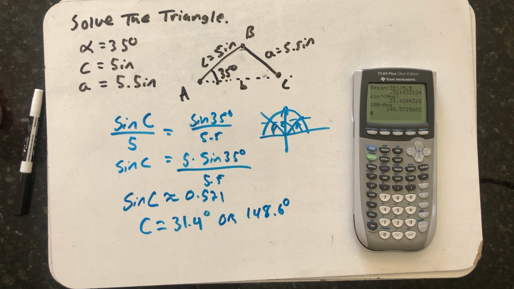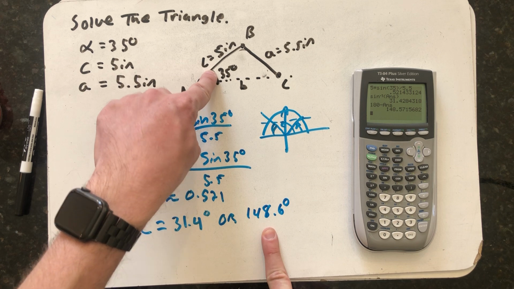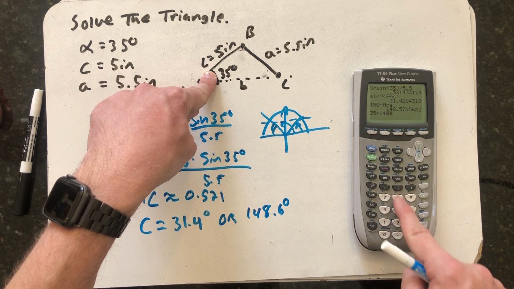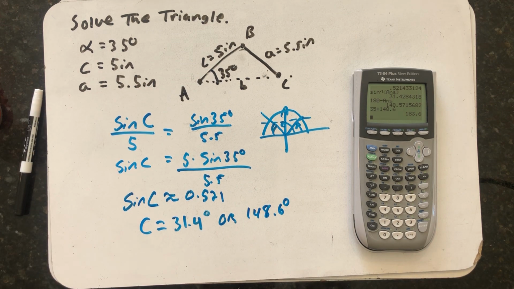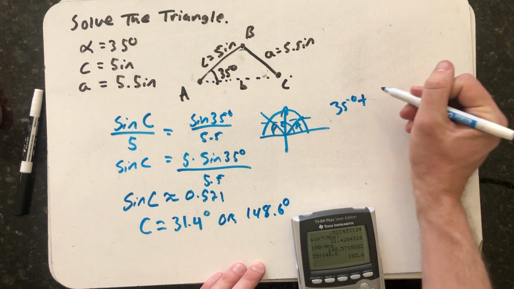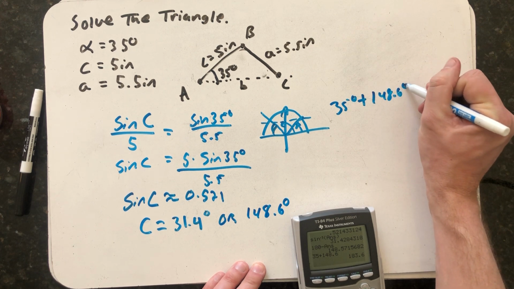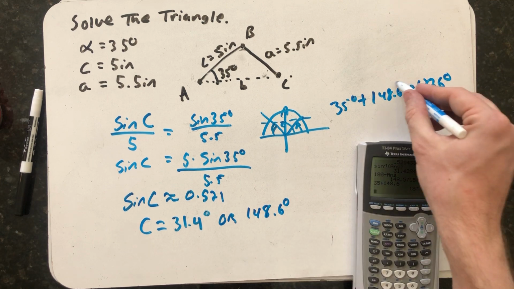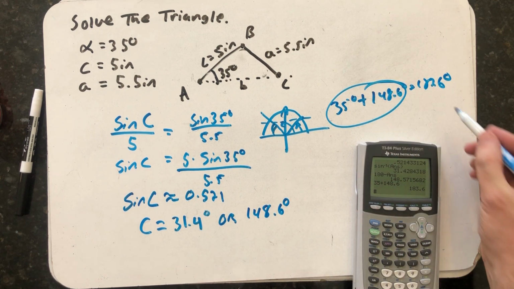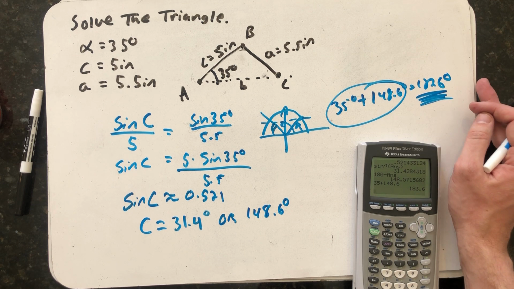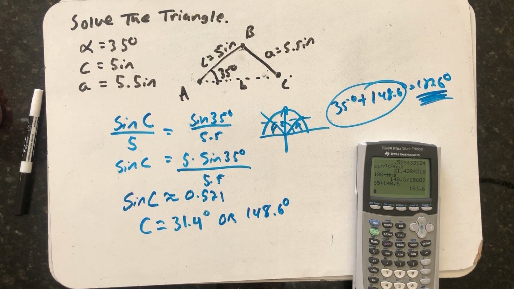Well, if I try to think about a triangle that would have that 148.6-degree angle in it and a 35-degree angle in it, add those two things together and I get 183.6 degrees. Well, that can't possibly happen in a triangle because all three angles have to add up to exactly 180, and just these two add up to 183.6. They're too big to fit in a triangle.